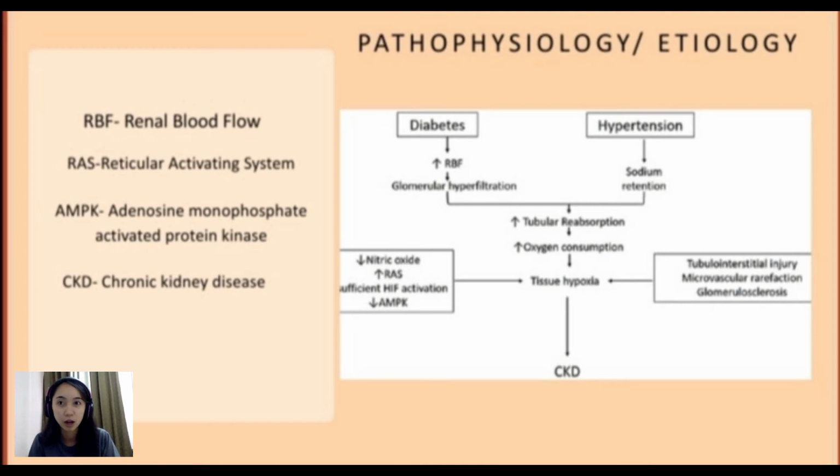Tissue hypoxia results in decrease in nitric oxide, increase in reticular activating system, sufficient hypoxia inducible factors activation, and decrease in adenosine monophosphate activated protein kinase. Also, tubulointerstitial injury, microvascular rarefaction, and glomerulosclerosis.